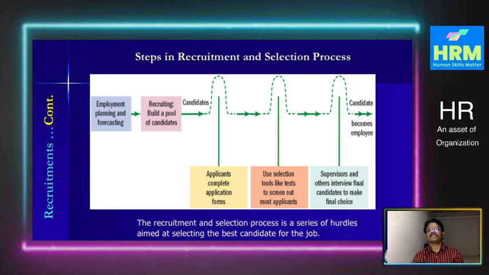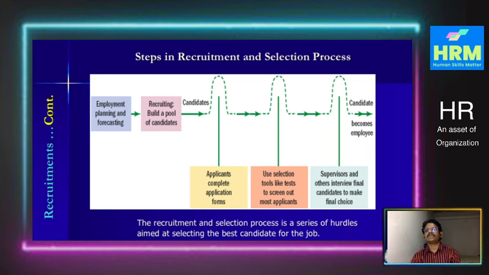Further, if you look at the steps in the recruitment and selection process: employee planning and forecasting, recruiting to build a pool of applicants, candidates completing the application form, and using selection tools like tests to screen out the weaker applications. Then the supervisors and others interview the final candidates and make the final choice, and the candidate becomes an employee.